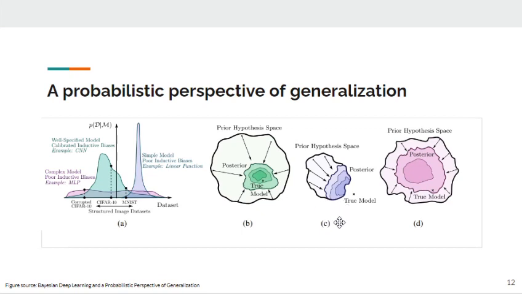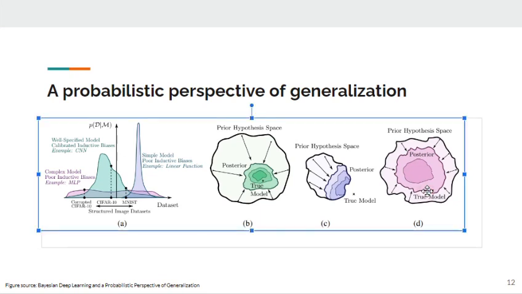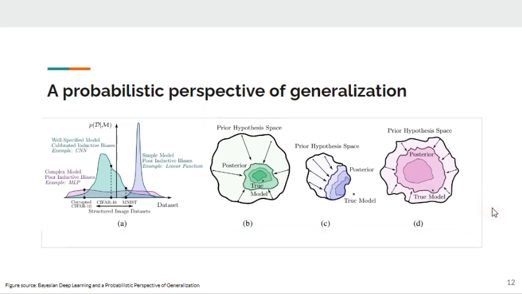Section C shows that with truncated support, so if the support is not good enough, a model will converge to an erroneous solution. And section D, which is related to this complex model with poor inductive bias, is showing that even if the hypothesis space contains the truth, a model will not efficiently contract unless it also has reasonable inductive biases.